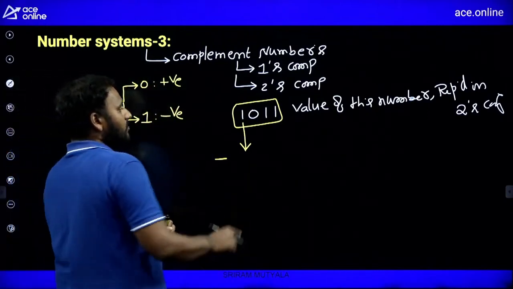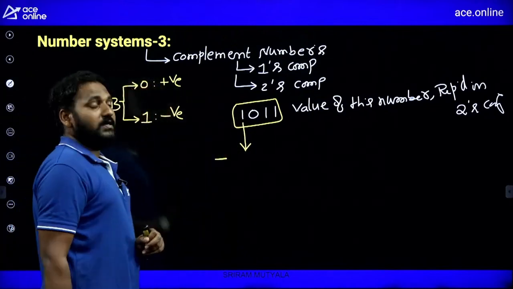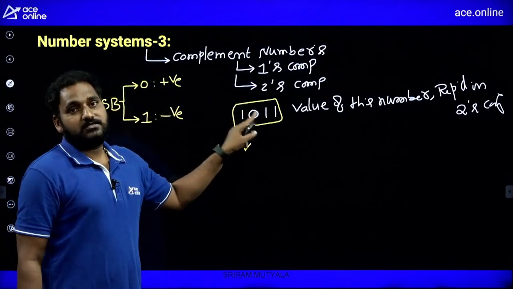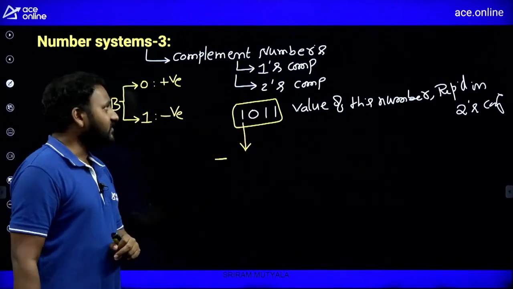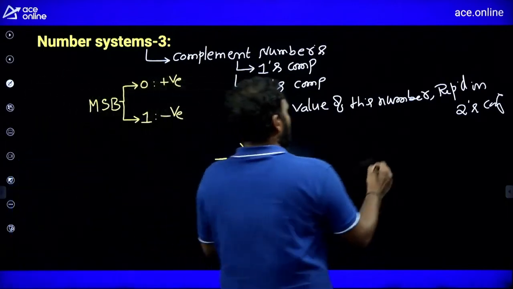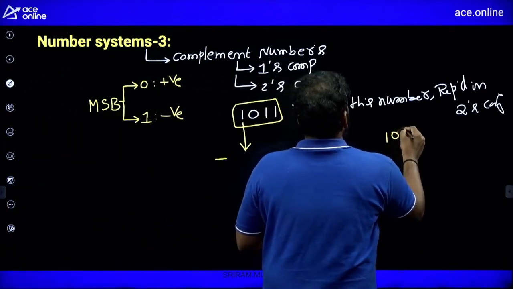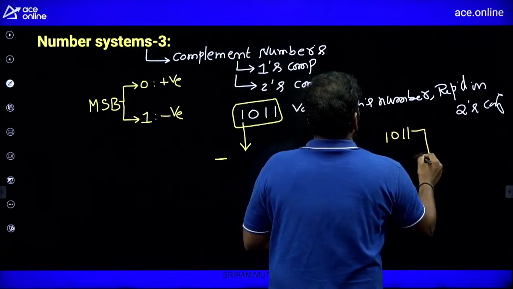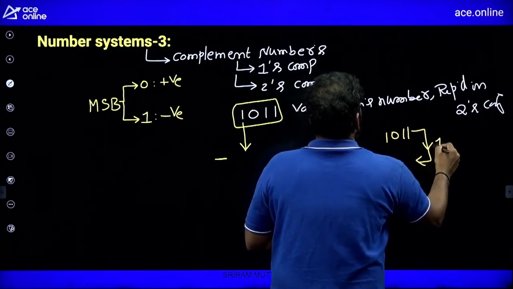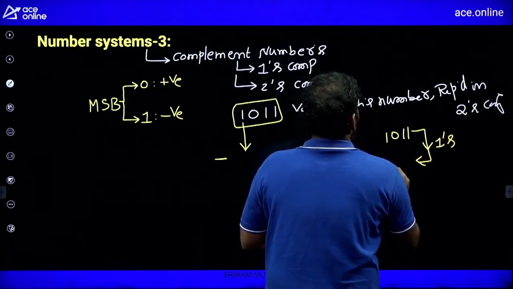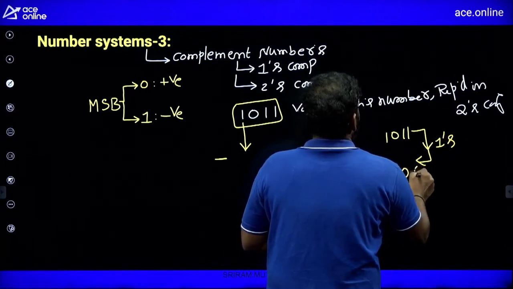If you apply 2's complement on this number, you will get 0101. As per your technique, see, 1011. For this, we are applying 1's complement, 0100.